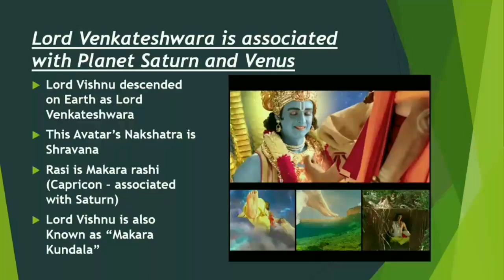He lived under an ant hill, and an ant hill is also associated with Saturn. It's something which is below the earth, right? And lastly, Lord Vishnu took his avatar during the nakshatra of Shravana. Shravana nakshatra is ruled by Capricorn, and Capricorn is related to planet Saturn. So in this chart you can see that Saturn and Venus are ruling the D20.